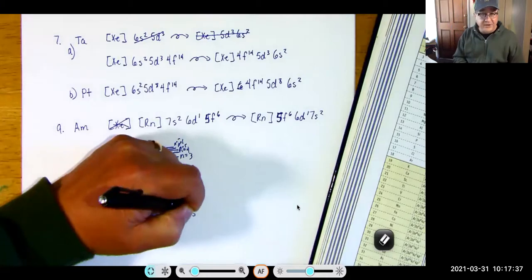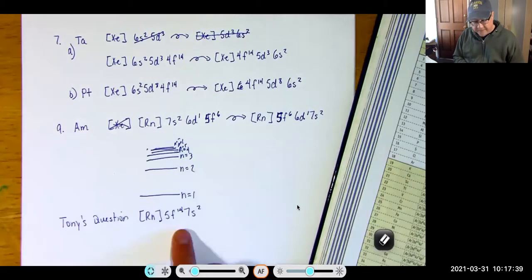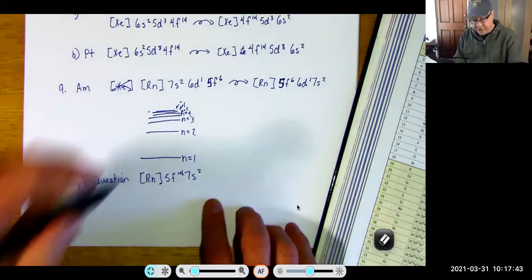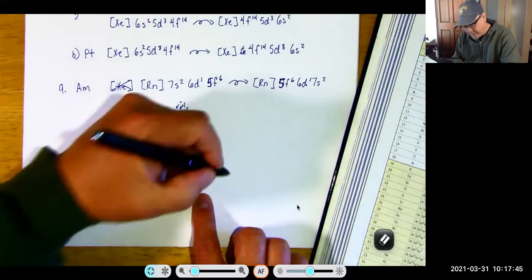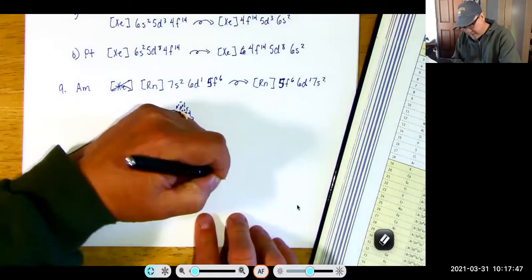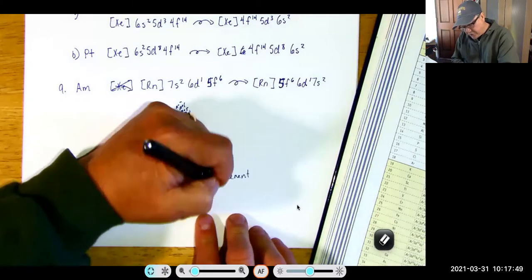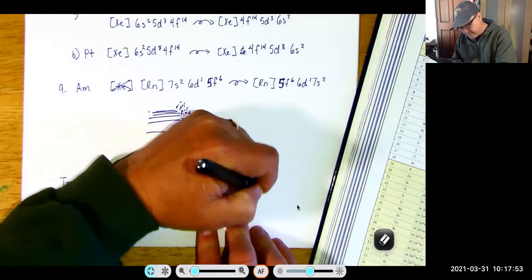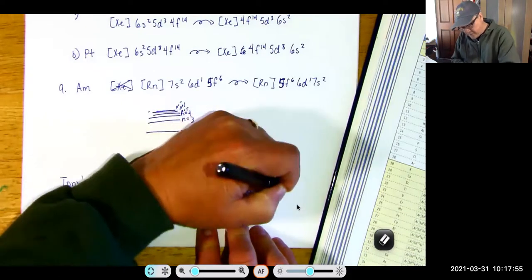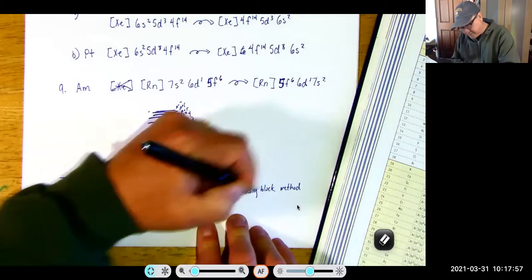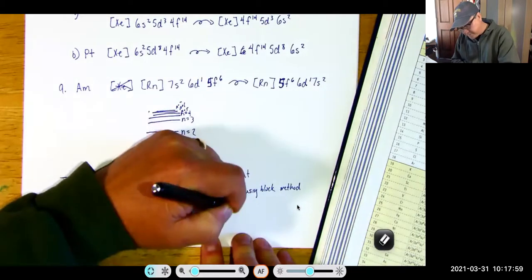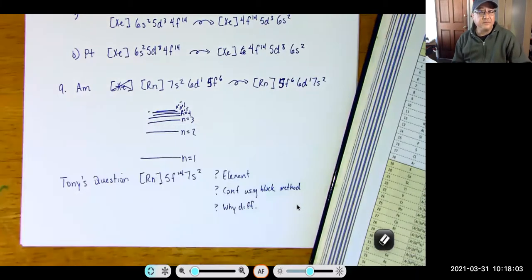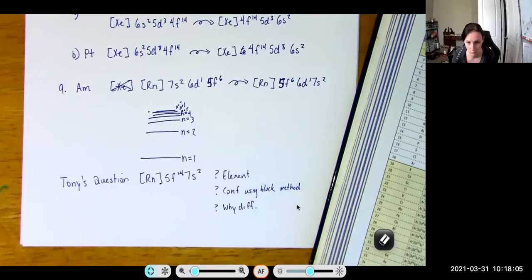Tony's question is, there's an element that has this electron configuration. What element, and what configuration using the block method? And then why is it different? So how would you figure out what element this is?